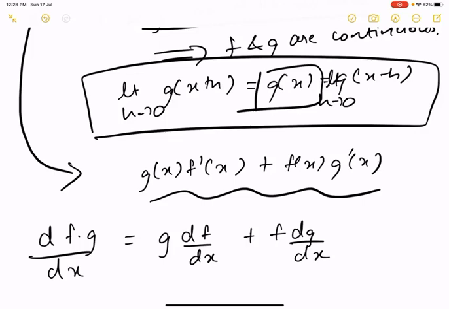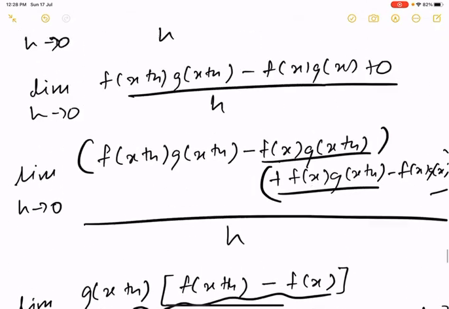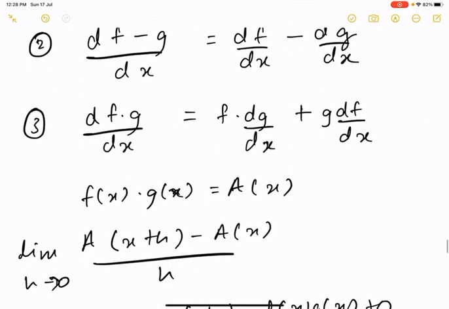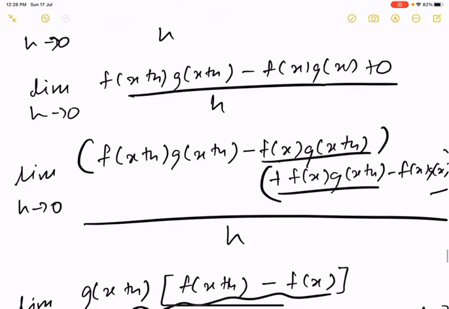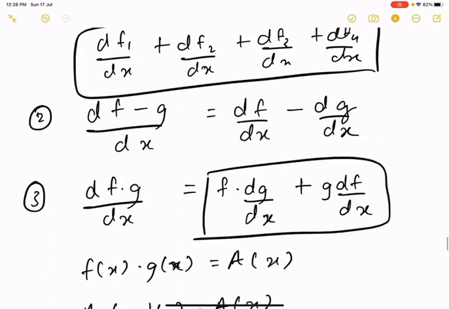Then this is multiplication of function. After this you have division of function. This is also a rule, I think so the fourth rule. Yeah, third rule was multiplication, and the fourth rule is, okay, so for multiplication rule I have written f dg dx plus.